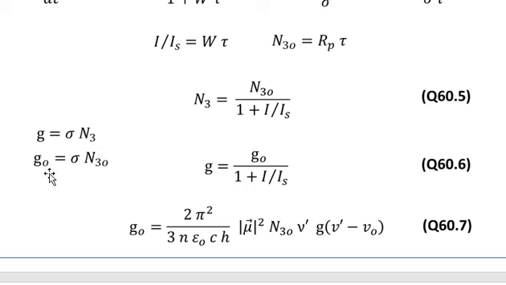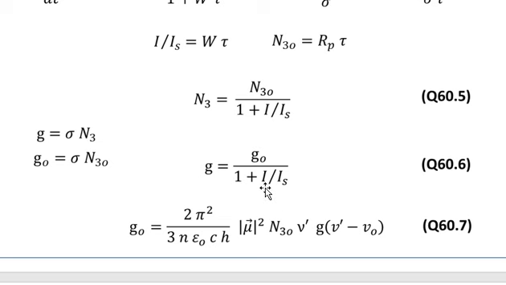Introducing G naught equal to sigma times N30, and substituting N3 from equation number 60.5 in the formula G is equal to sigma times N3, we obtain the result that G is equal to G naught over 1 plus I over Is.